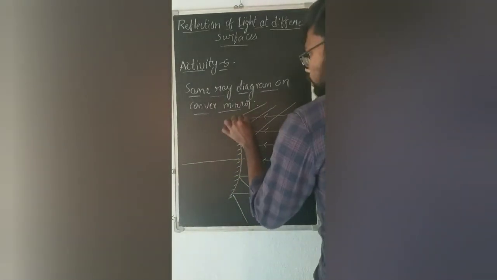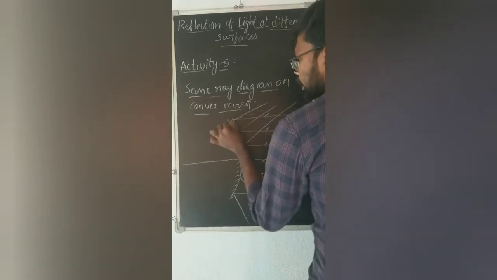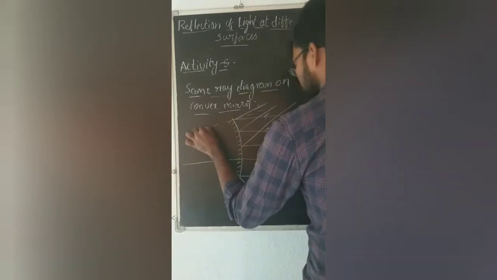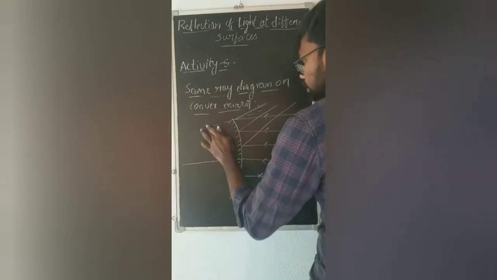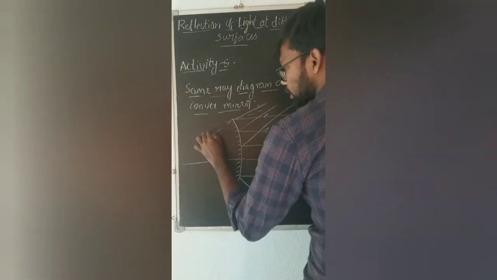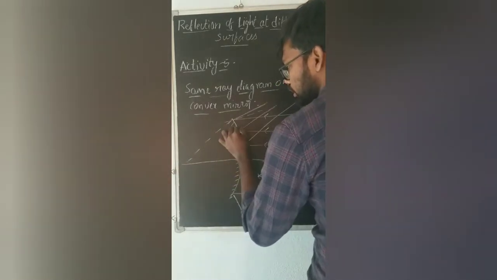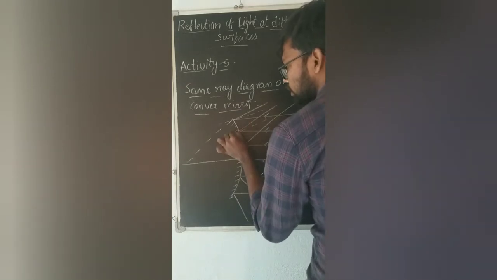Now if we draw the normal lines, these normal lines will meet at C, the center of curvature.